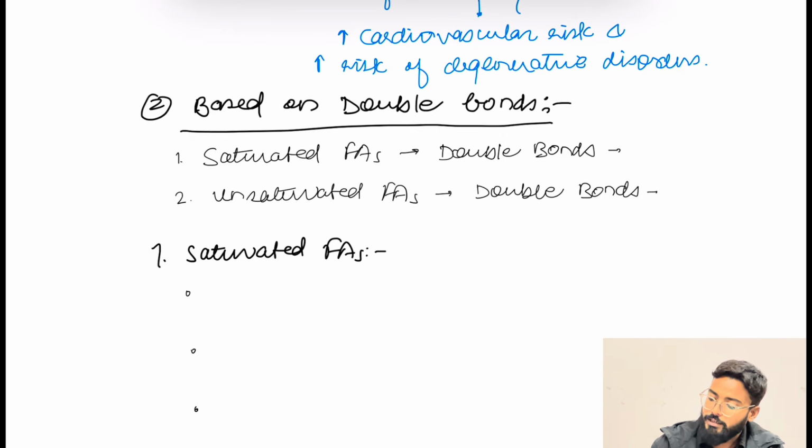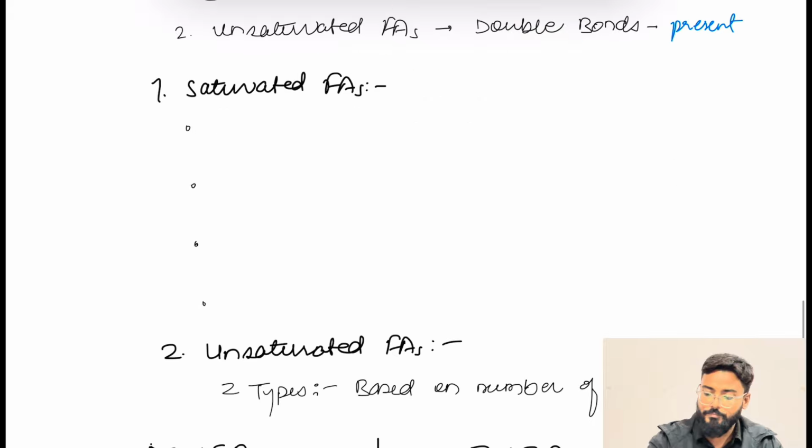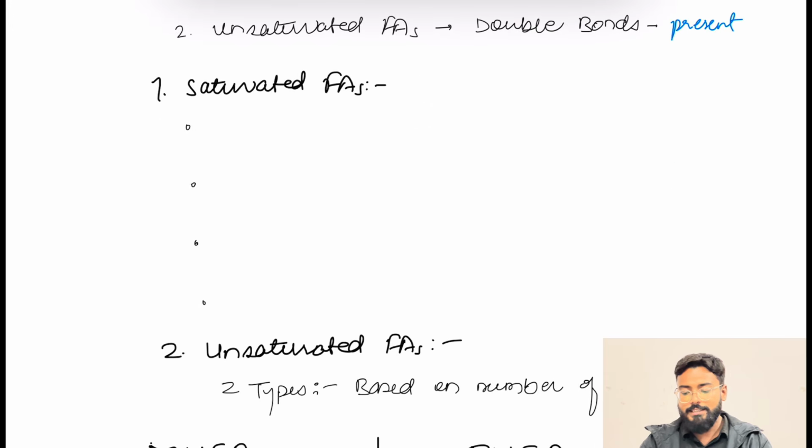In saturated fatty acids, double bonds are absent, and in unsaturated fatty acids, double bonds are present. Basic.